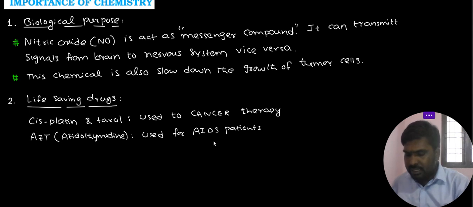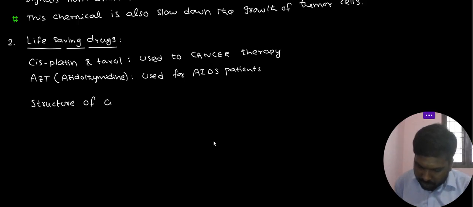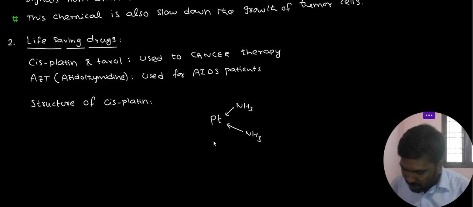And here, the structure of cisplatin. Platinum has two ammonia ligands and two chlorine ligands.